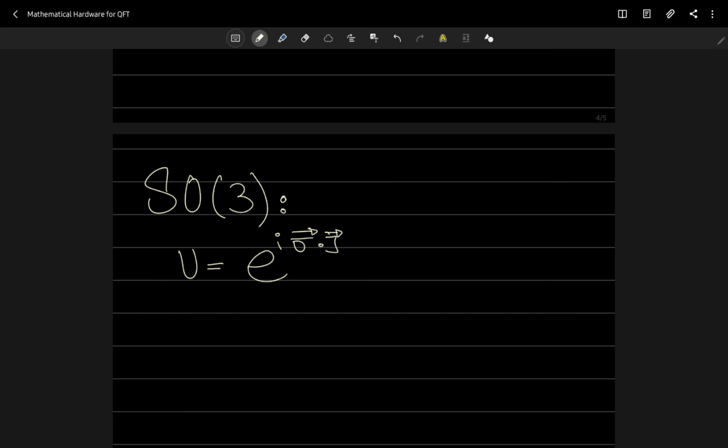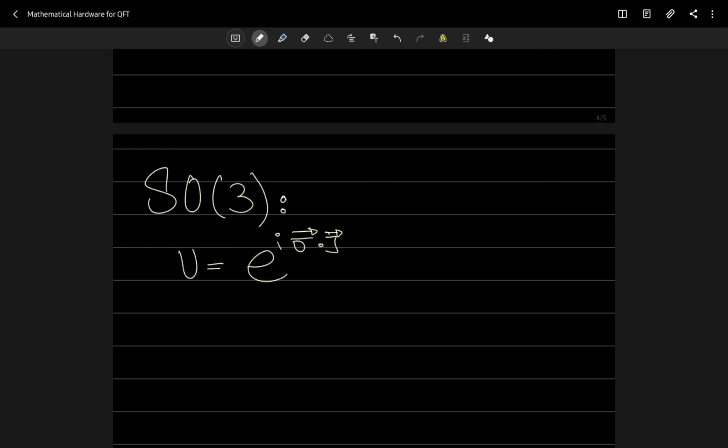Now over here, sigma is the Pauli spin matrices, so it would have sigma x, sigma y, and sigma z, and J is your angular momentum, right? Jx, Jy, and Jz.